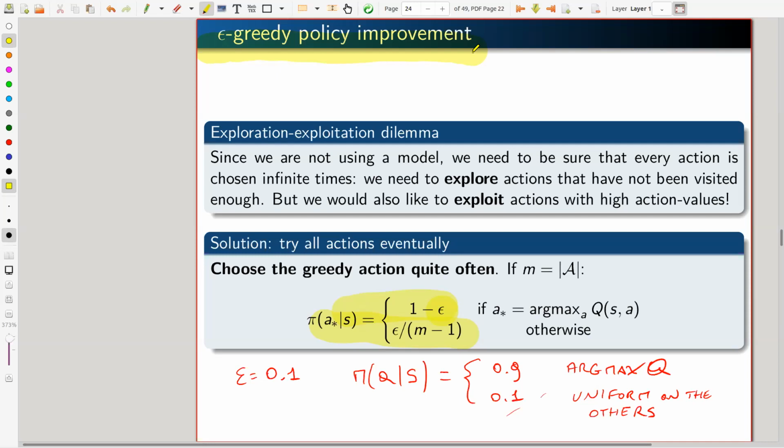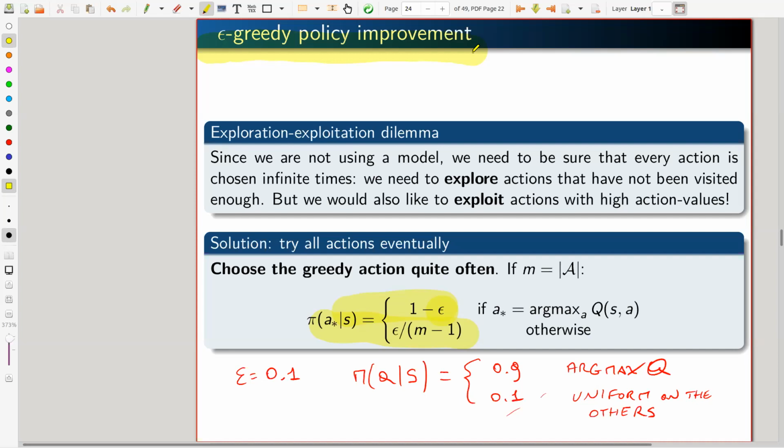Is this a trick for escaping local minima? Well, the exploration part will keep you moving from local minima when we do approximation, yes. But remember that in the tabular finite case, we are assuming a finite MDP, and there is the policy improvement theorem.